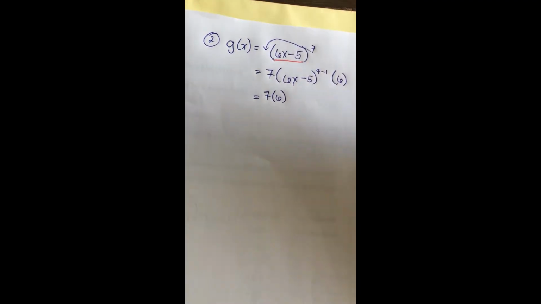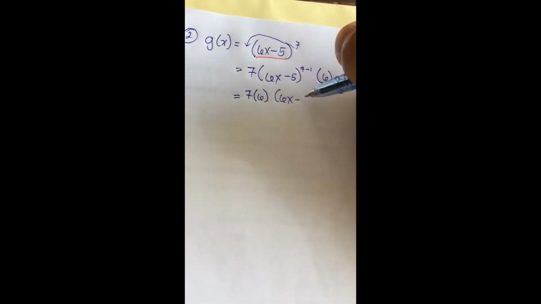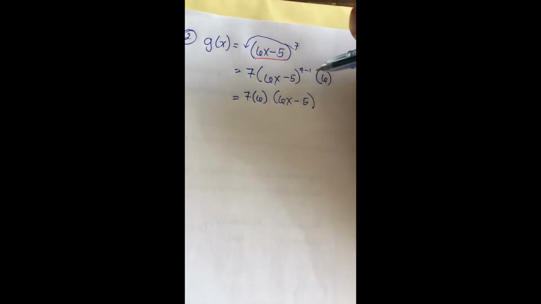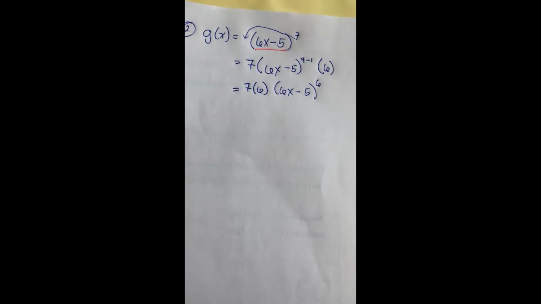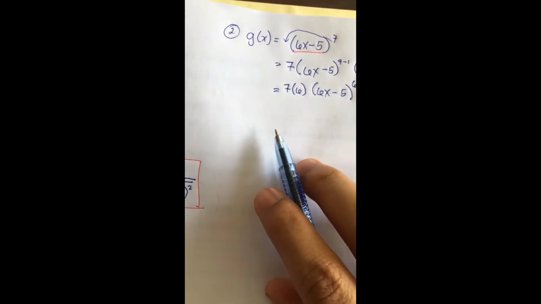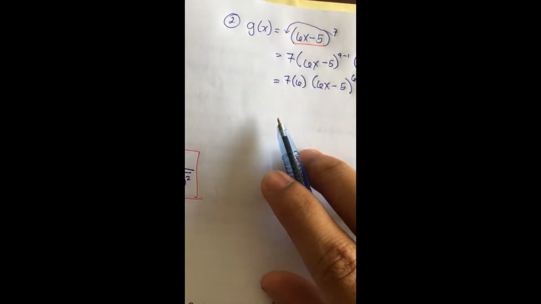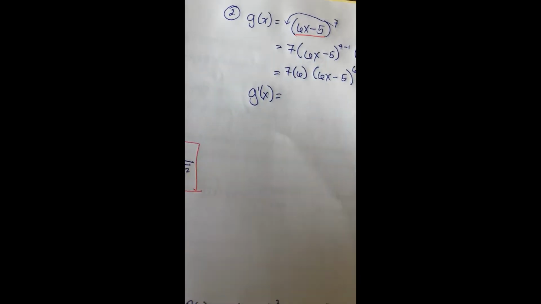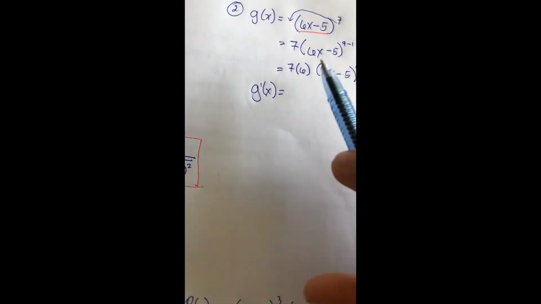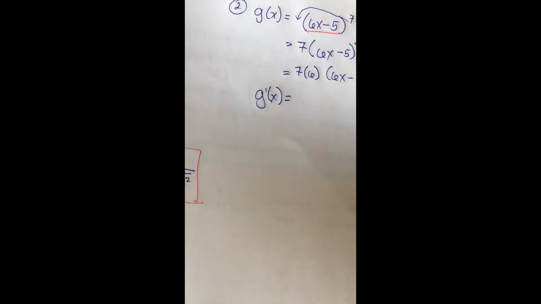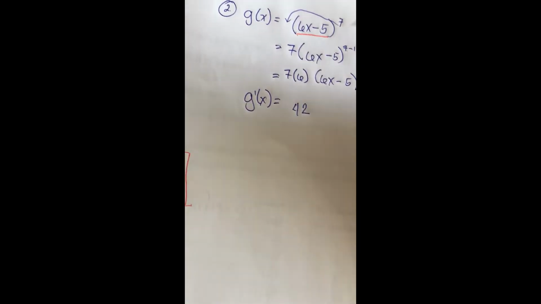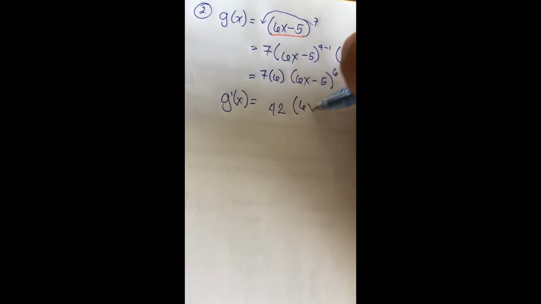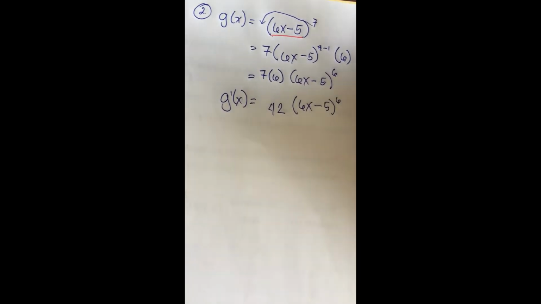So, we have 7 times 6, then 6x minus 5 raised to 7 minus 1, which is 6. Next, we have now our final answer. g prime of x, or the derivative of g of x, is 7 times 6, which is 42, times 6x minus 5 raised to 6.